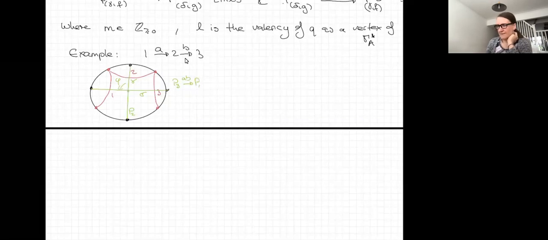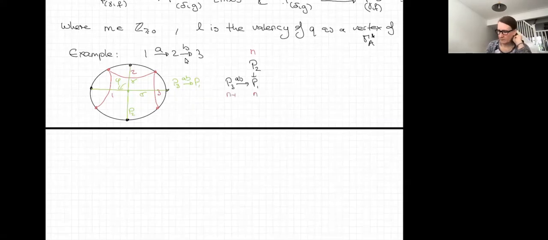So if we fix gamma and F, so gamma is P2, we fix it with the grading, so we say it's in degree n. And then we know there exists a grading here such that we have a map, and indeed the grading should be such that this is in degree n and this is in degree n minus 1.